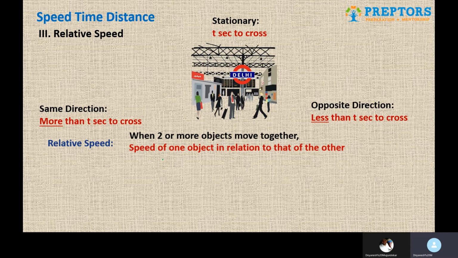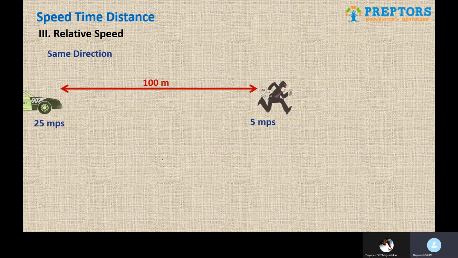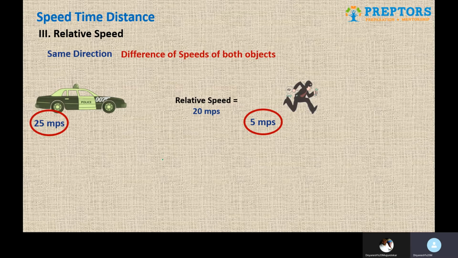Then there are one or two odd theory points that you should straight away remember in this scenario. When both the objects which have their own individual speeds are running in the same direction, what you are supposed to remember is that relative speed is the difference of both the speeds.